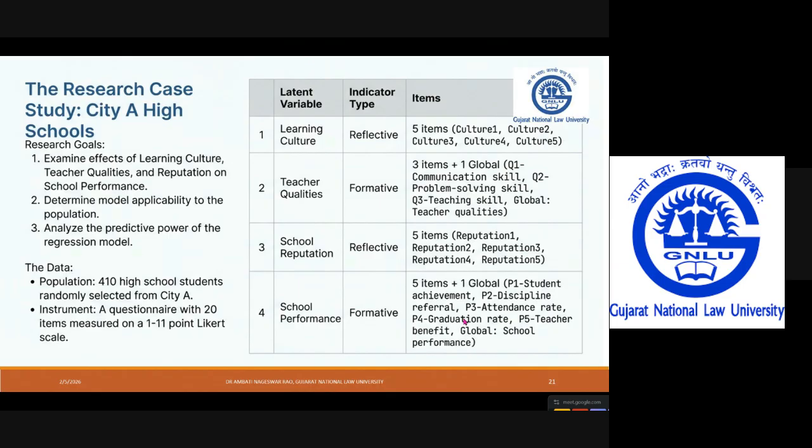We have latent variables: learning culture, teacher qualities, school reputation, and school performance. My research title is the effects of learning culture, teacher qualities, and school reputation on school performance.